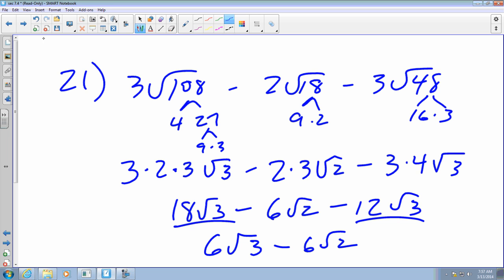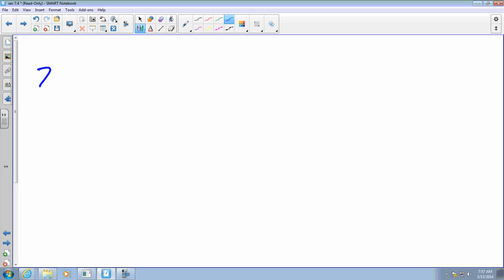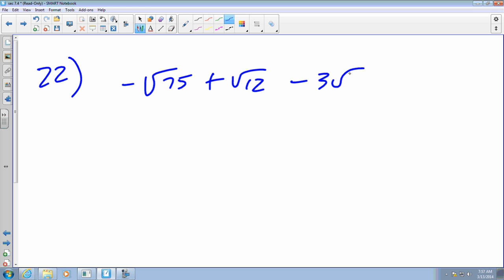Next one is question 22. We have negative square root of 75 plus the square root of 12 minus 3 square roots of 3. Let's split 75 into 25 times 3. 12 is 4 times 3.